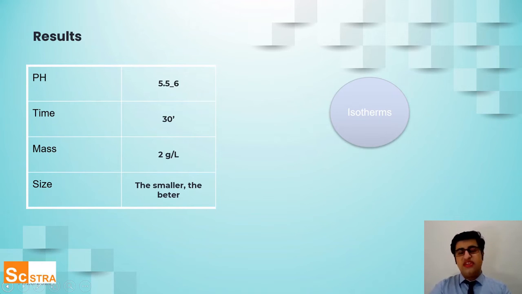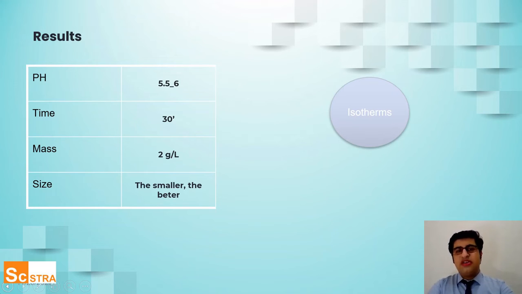Concerning the size of activated carbon particles, I understood that the smaller is better because by decreasing the size of activated carbon, we increase the surface, and by increasing the surface, we can have more adsorption rate.